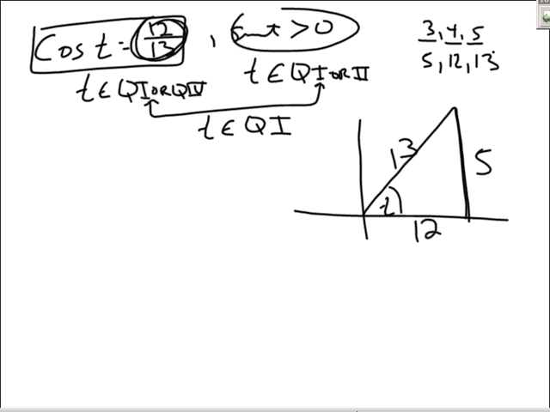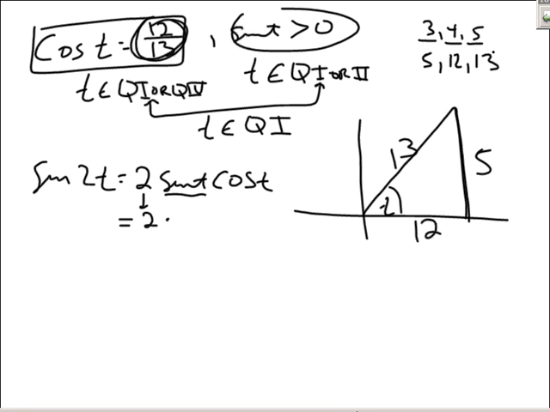Okay, now I can answer this. The sine of 2t is equal to, the double angle formula says, 2 times the sine of t times the cosine of t. 2 is 2. Sine of t is opposite over hypotenuse.